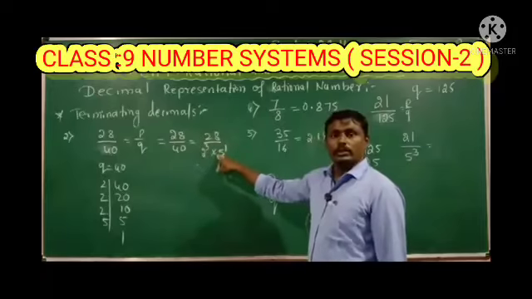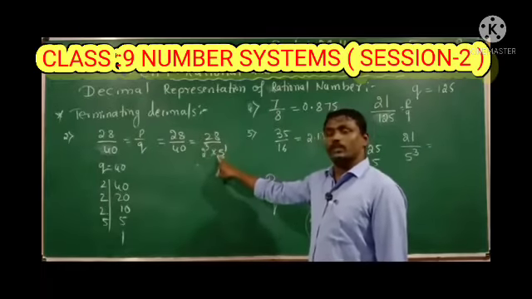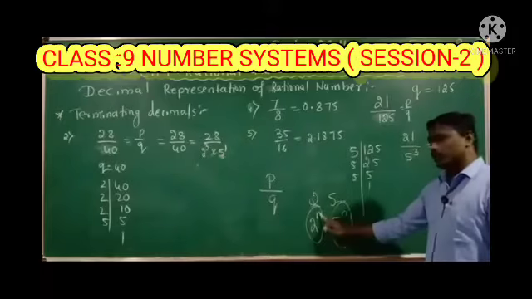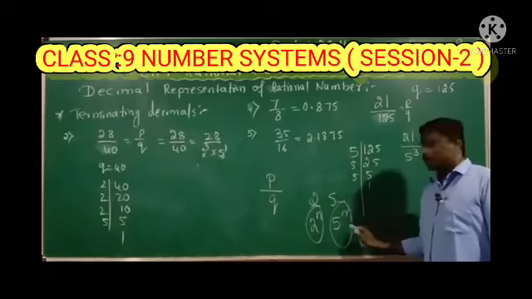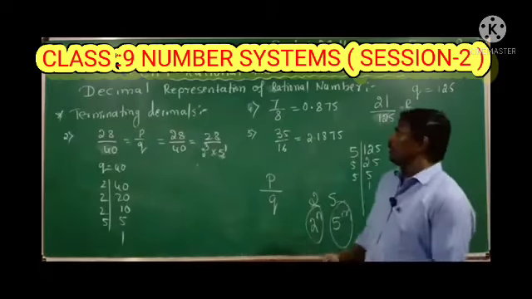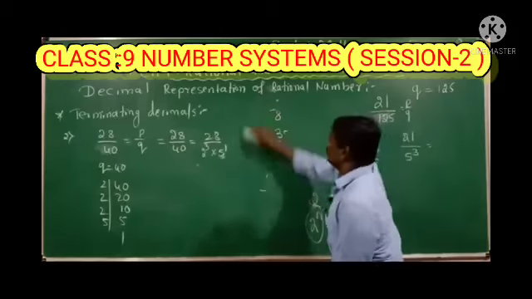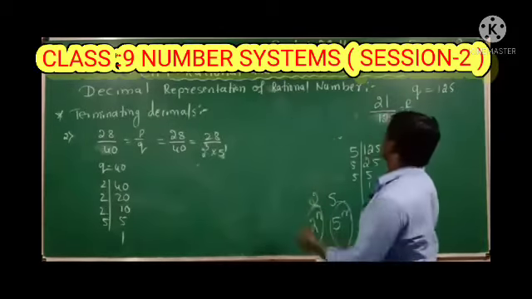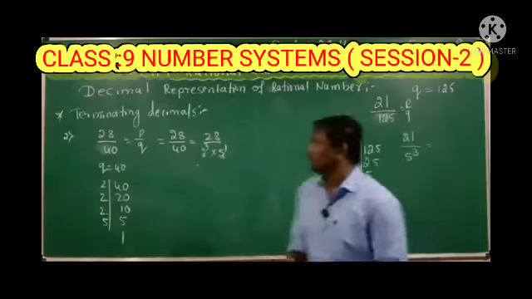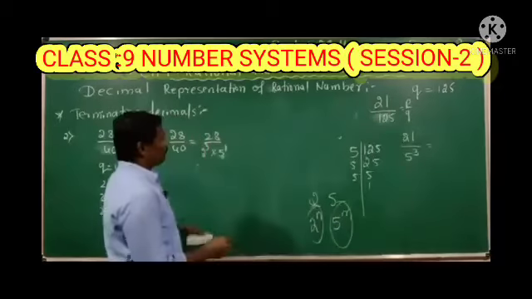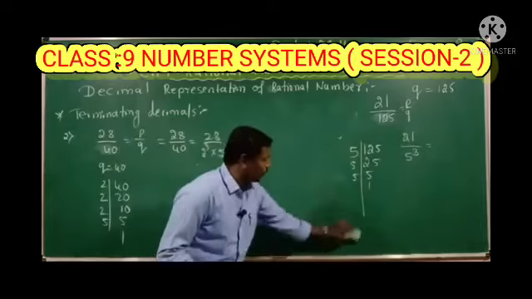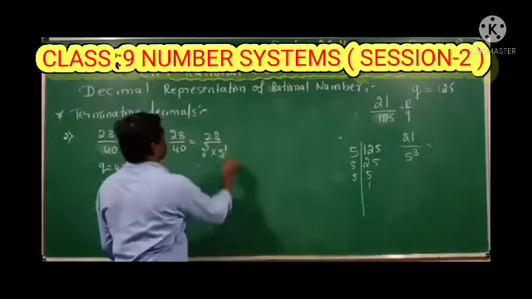Here the denominator Q is in the form of 2 raised to n and 5 raised to m. Okay. Now we'll take one more example. Then after this example I will compare just whether the fractions are terminating or not.